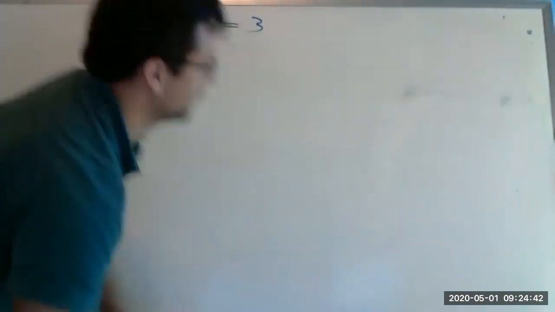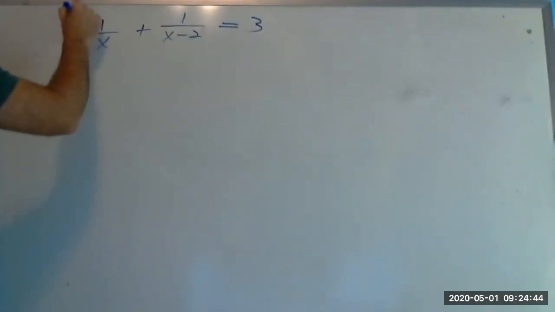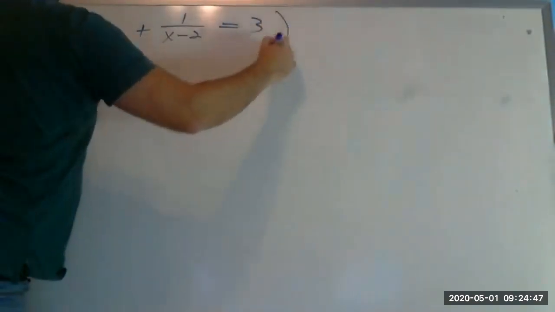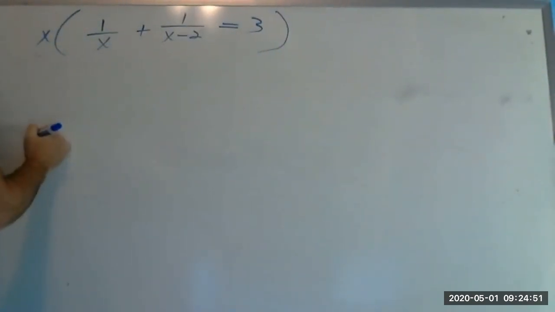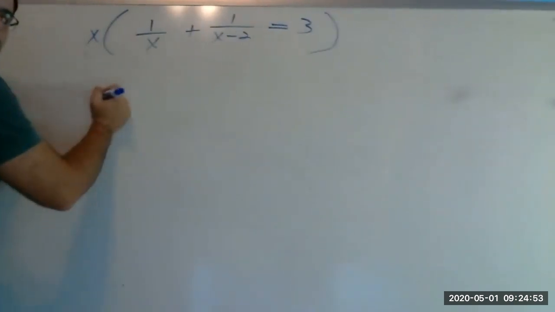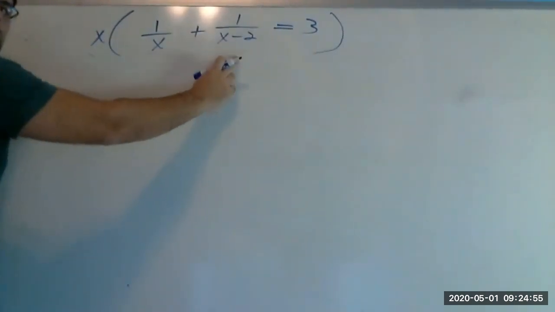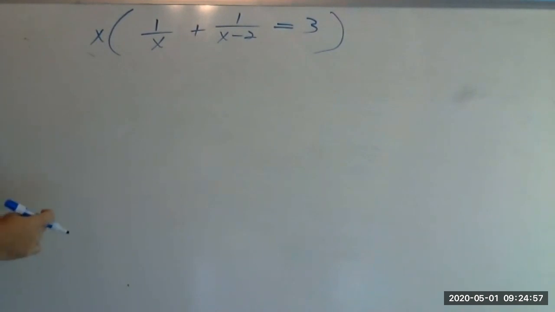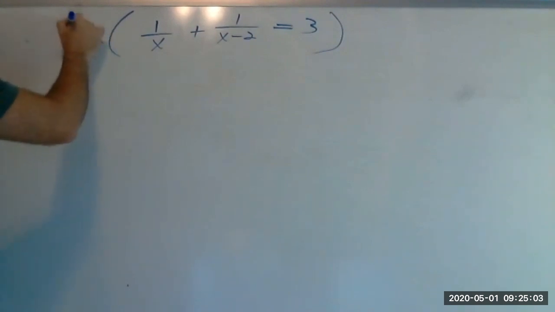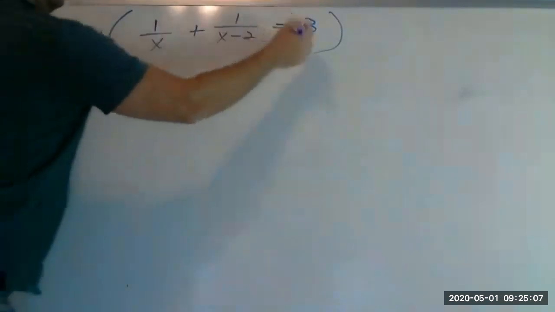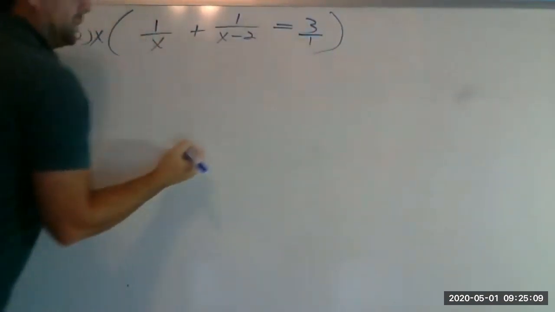X. So we're multiplying this whole thing by all of the denominators. So X. And what is the second one's denominator? X minus 2. And then this denominator is actually just 1.